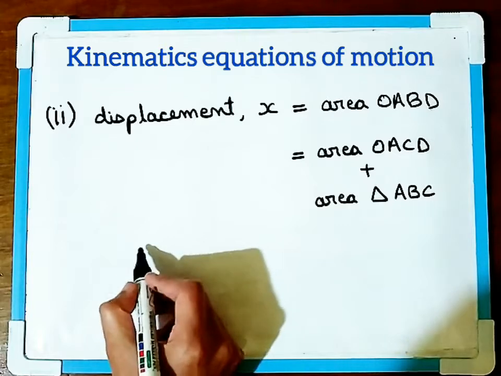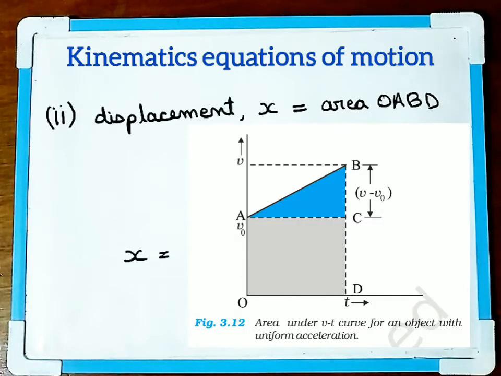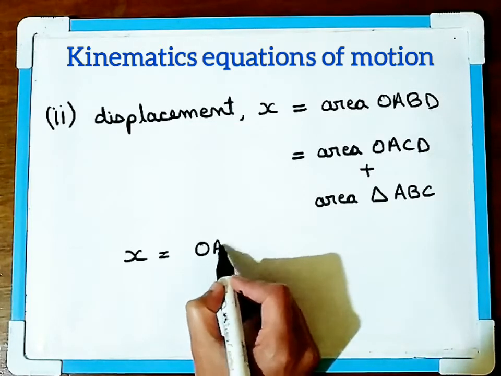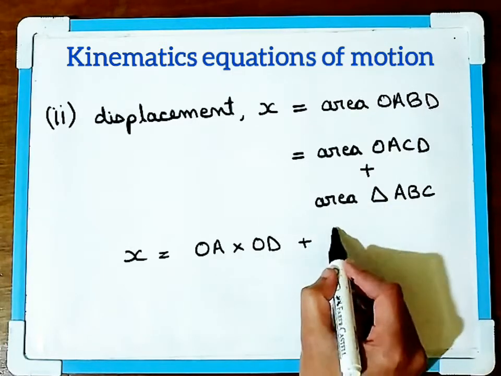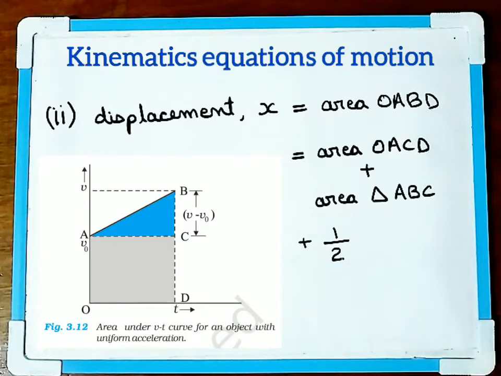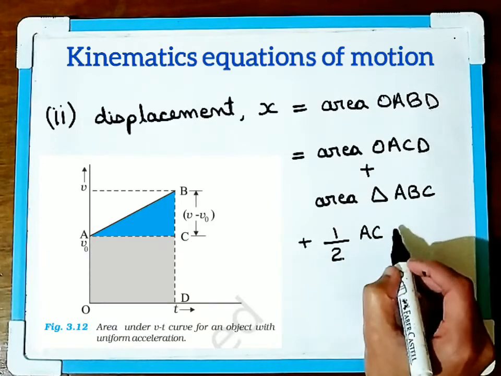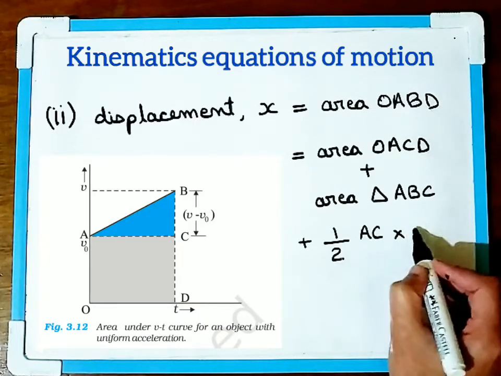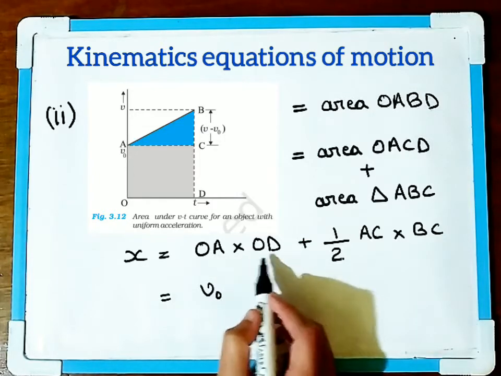To calculate the area of the rectangle, we have side OA into side OD, and the area of the triangle is half base AC into height BC. OA from the diagram is v0 and OD is t.